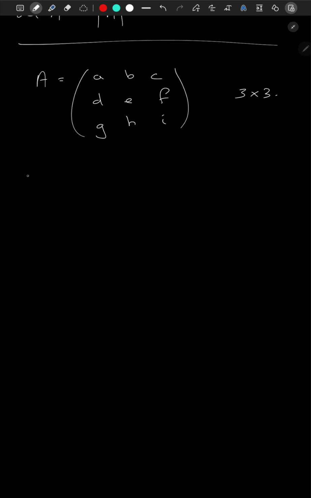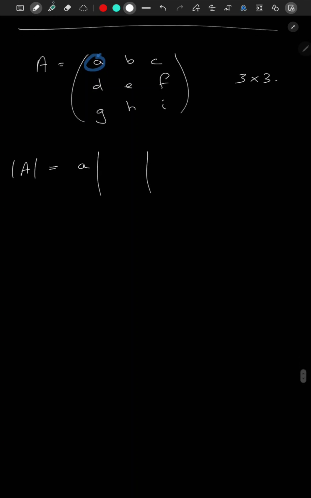To calculate the determinant, first we have to take the first one, which is A. So this is the first one. So A multiplied by the determinant of.